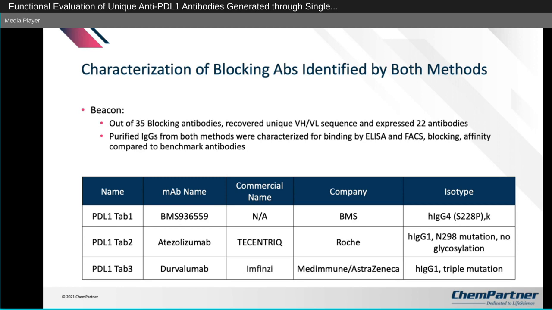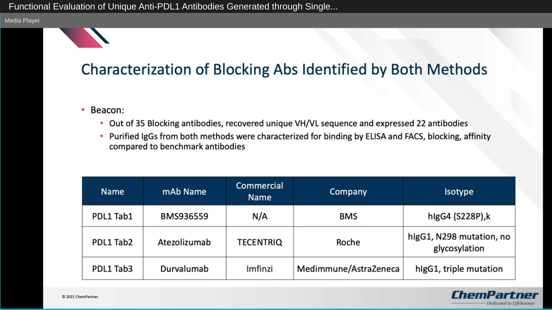So overall, we identified 35 blocking antibodies from the B cell cloning approach on the Beacon platform. We recovered unique VH and VL sequences of them, and we eventually expressed 22 antibodies after the hotspot analysis.